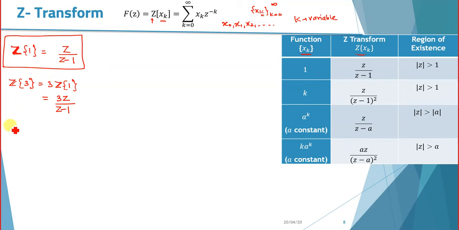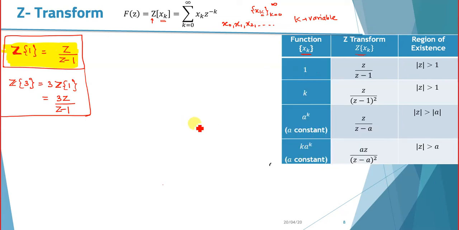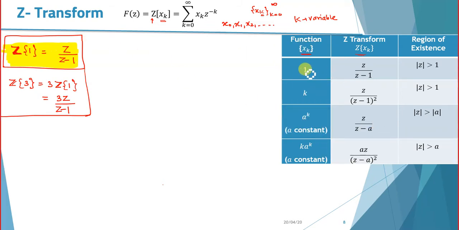Similarly, if you need to find the Z transform of, say, e, again e is a scalar, because you can calculate its value from the calculator. So for the Z transform of any constant, we will go with this first rule.